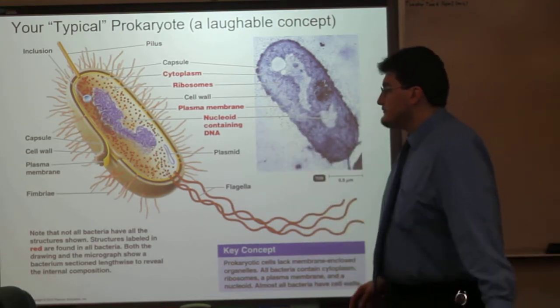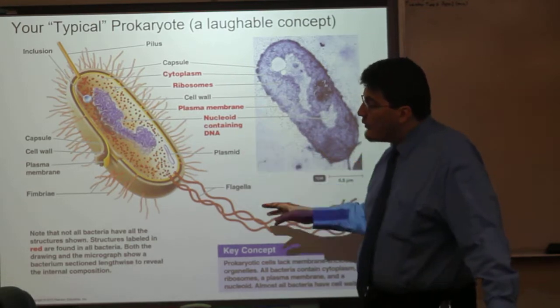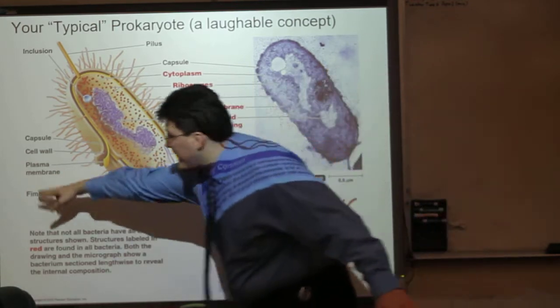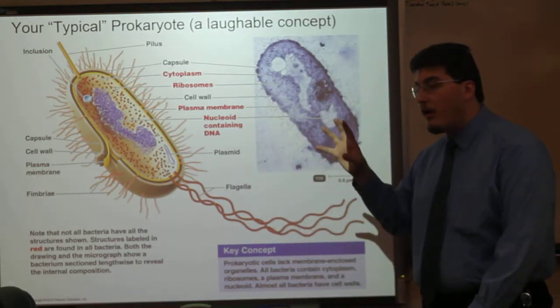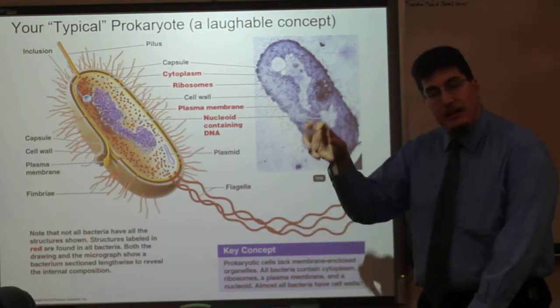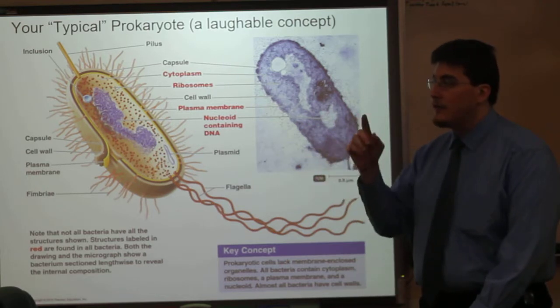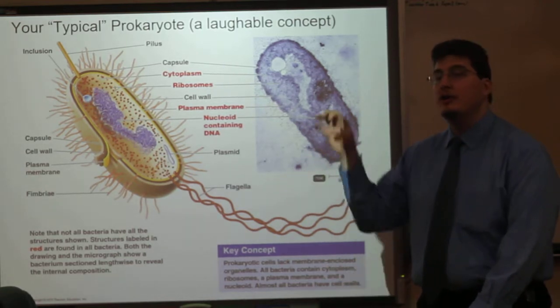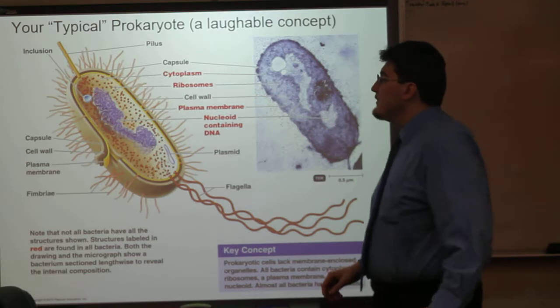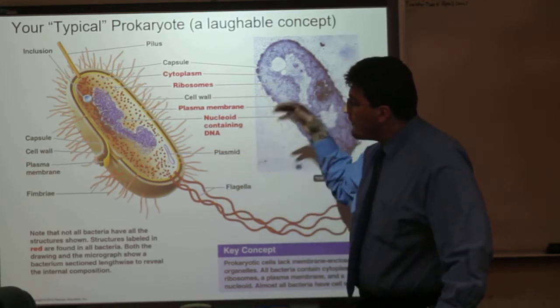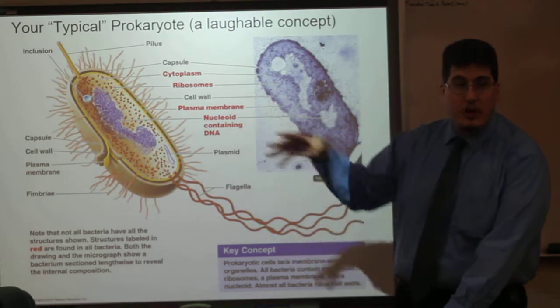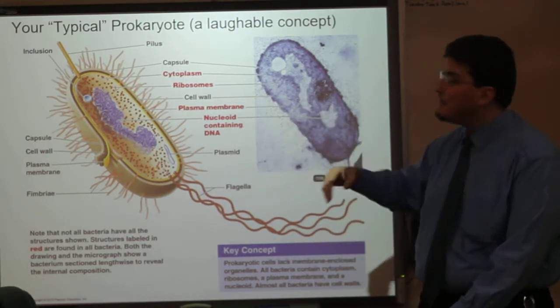Now, cilia need to be distinguished from fimbriae. Fimbriae right here. Fimbriae are little hairs. These are like the sticky part of Velcro, or, well, if we're going to go with non-branded stuff, hook and loop fabric. So the fimbriae, those are helping them to attach to other structures and walls and stuff.